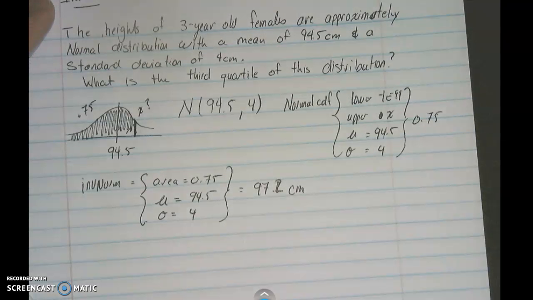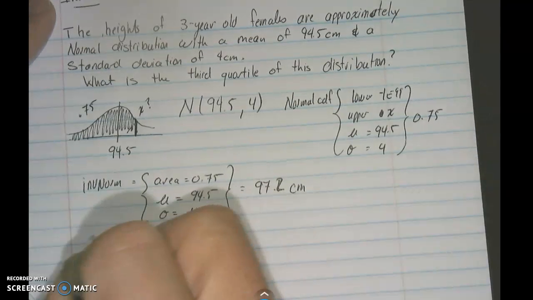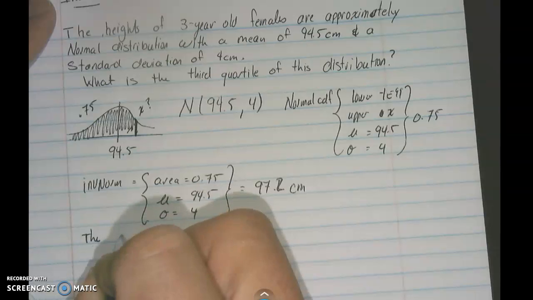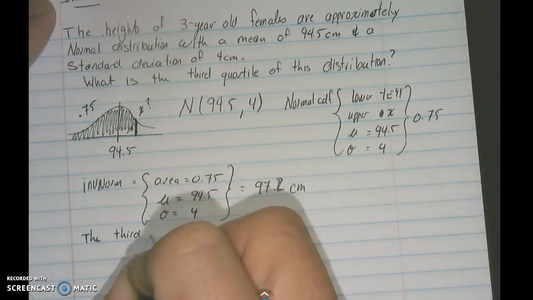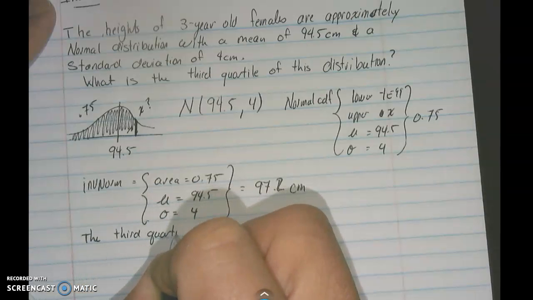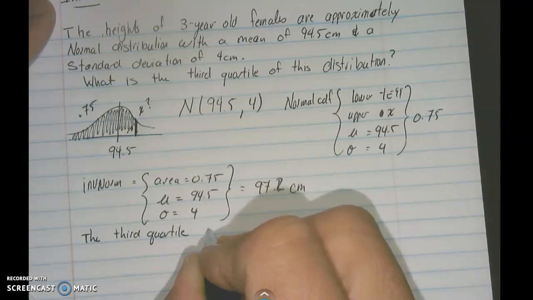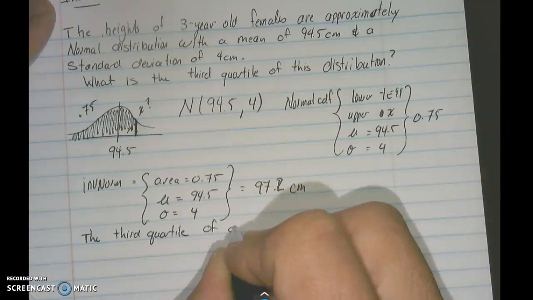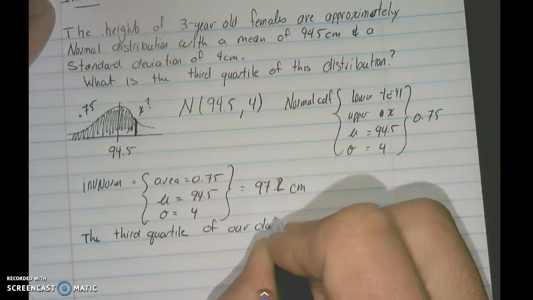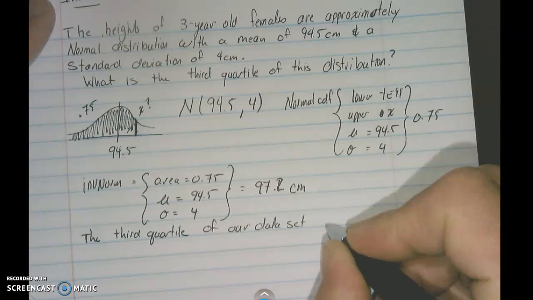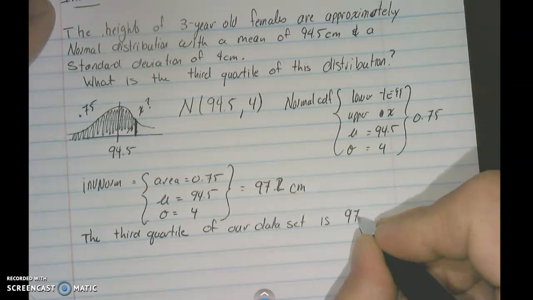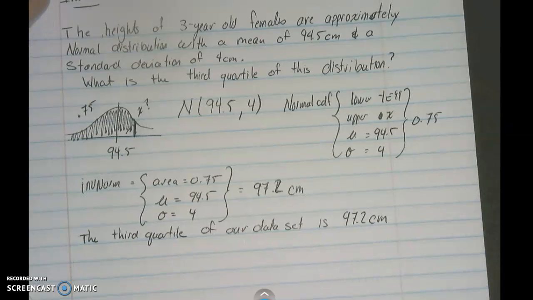Okay. So what does this mean? So we would say the third quartile of our data set is 97.2 centimeters.